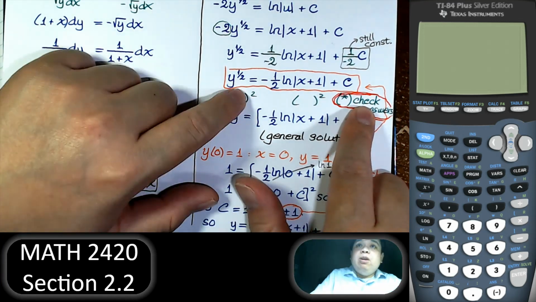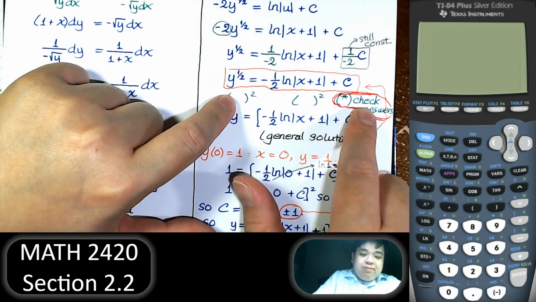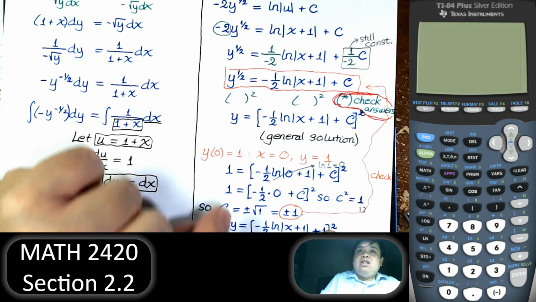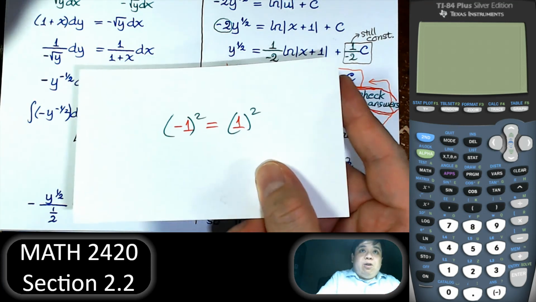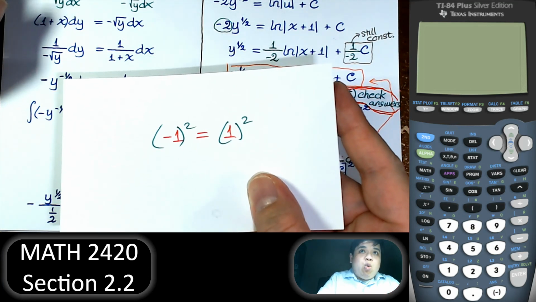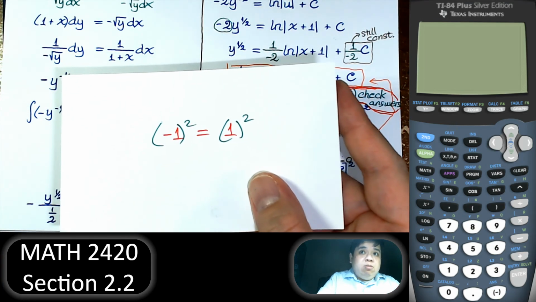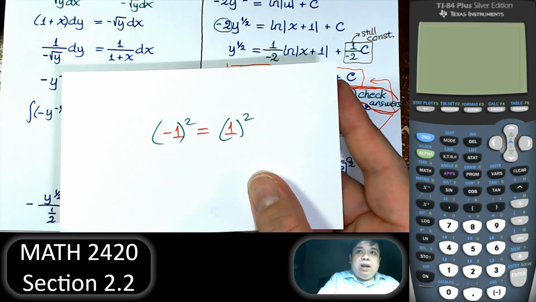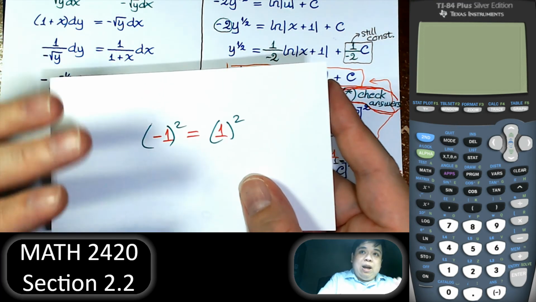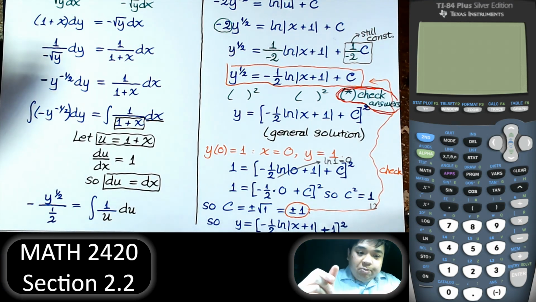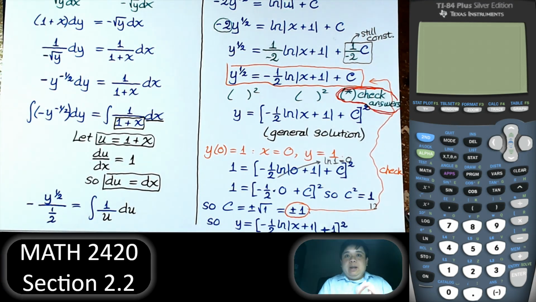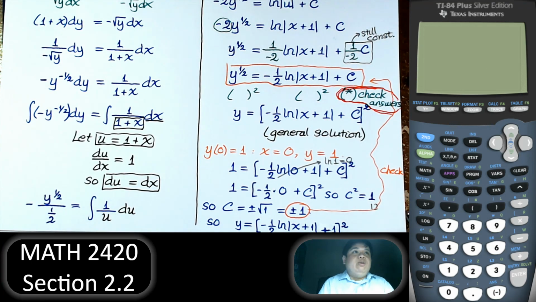And be careful when we square both sides. Have to check the answer because maybe not all of them will work. For example, this before squaring both sides, totally wrong. But when we square, it works. So we have to check before it's squared to see if actually it's true or not. Right. So like I said, watch out for those little things.